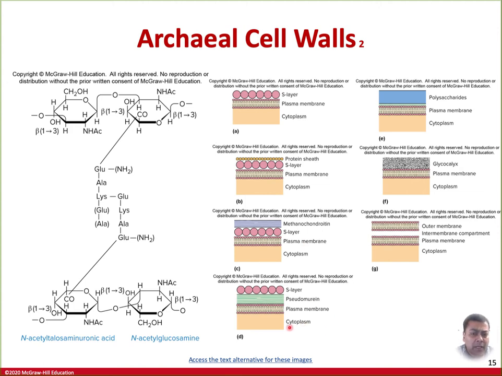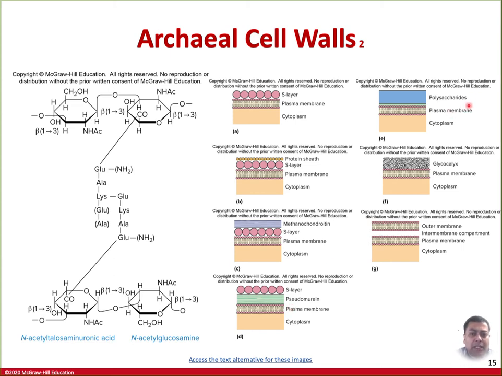Here, on the other hand, you can see the cytoplasm, plasma membrane, then this pseudomurein layer. There was no pseudomurein there; here, this is the pseudomurein. You have this layer, and then an S layer as well. This type is available in particular in Methanopyrus and Methanothermus, which have this type of arrangement.